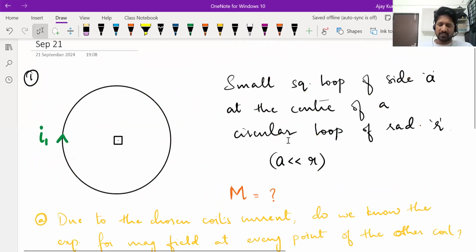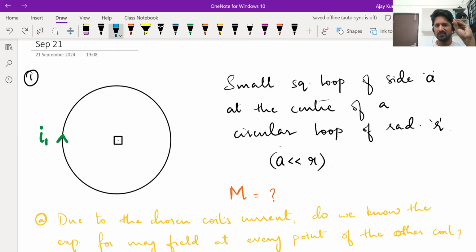Okay. But see, the square is not a single point. It consists of a number of points, right? We know the formula only for magnetic field at the center of a circular loop. We don't know magnetic field away from the center. Okay.